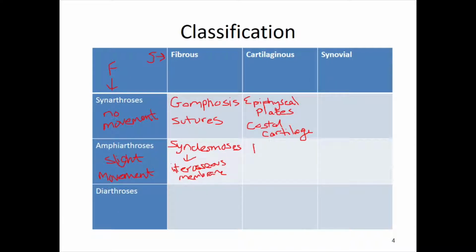Specific examples of symphysis would be the pubic symphysis. We'll learn about that for lab. Also your intervertebral discs. Now notice cartilaginous can be hyaline or fibro. If you look at what these are, these are hyaline cartilage, and these are both fibrocartilage.